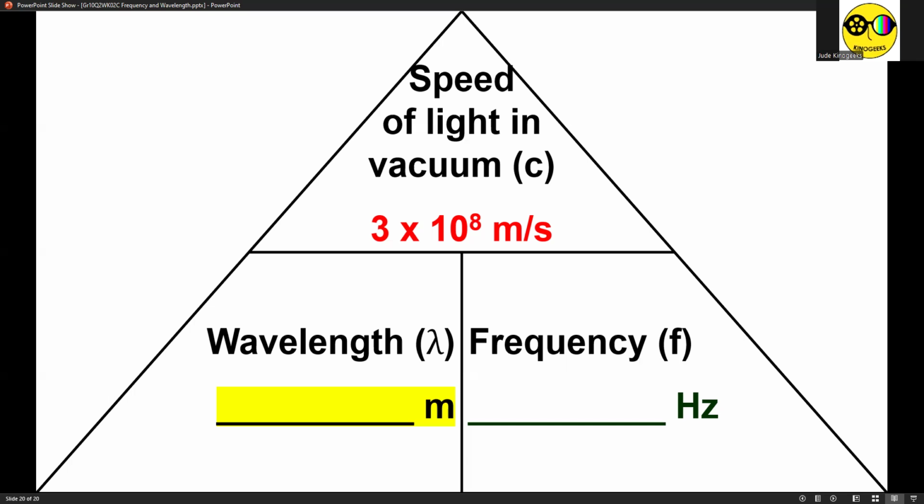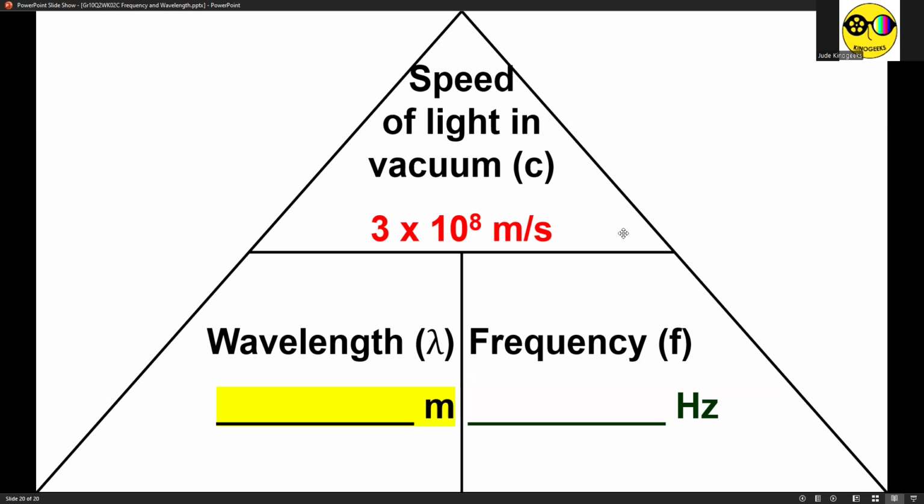So to recap, in this pyramid formula, you have the speed of light in vacuum, letter C, which is a constant, and then wavelength, the symbol lambda, and the unit meter at the bottom left. And finally, frequency with the symbol small letter f and the unit hertz at the bottom right.